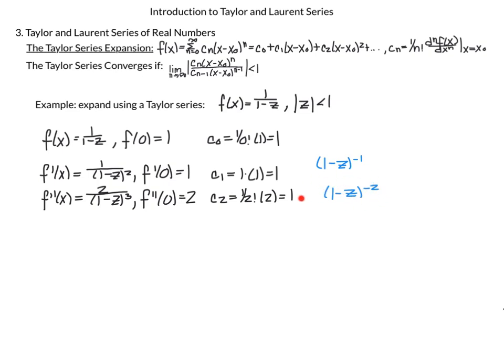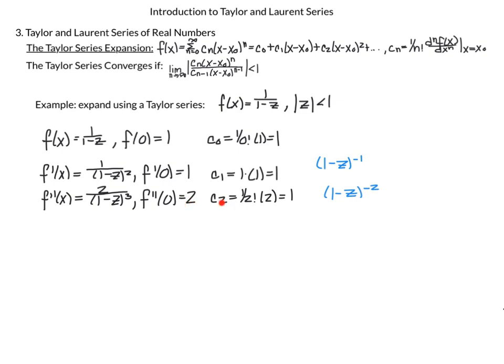So I have a negative 2, which when I multiply by the derivative of what's inside, the negatives cancel, so I'm going to have a positive 2 times 1 minus z to the negative 3. And evaluating the second derivative at x equals 0, I'm going to get 2 over 1, which is 2.